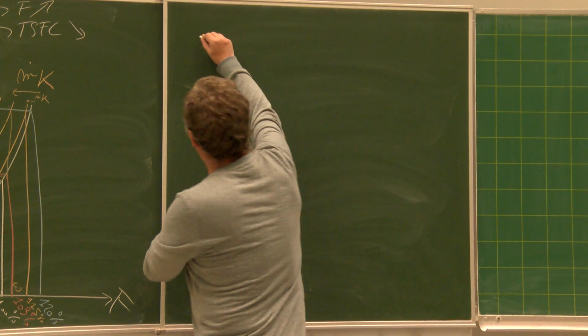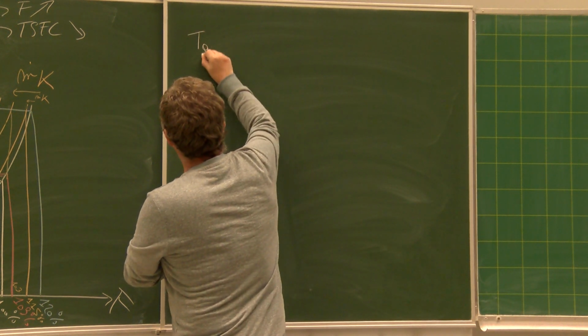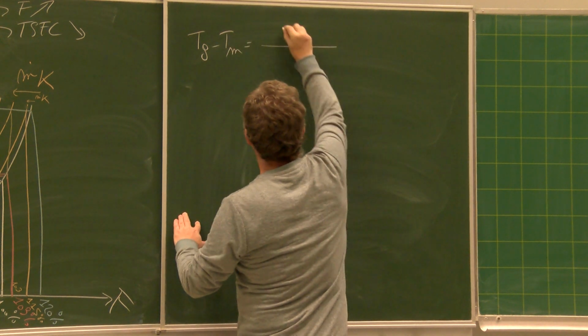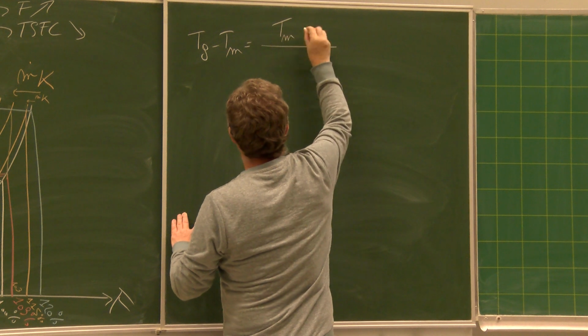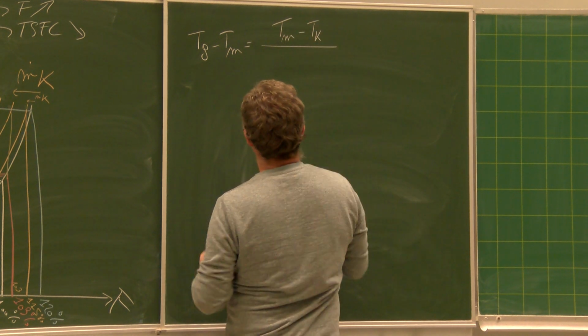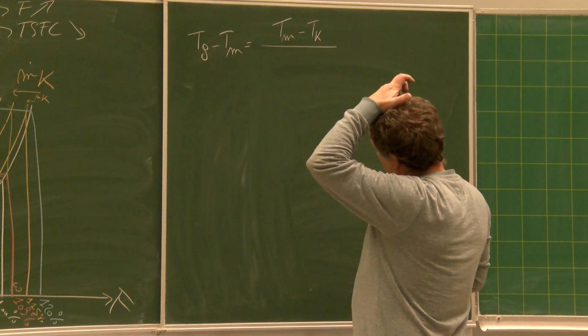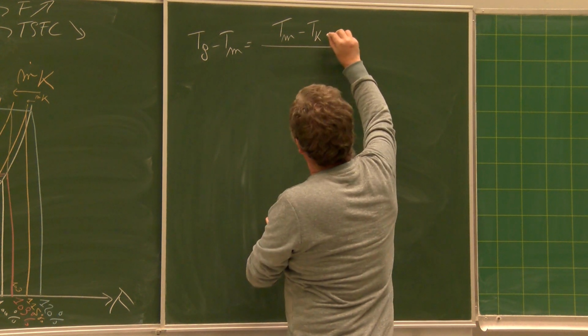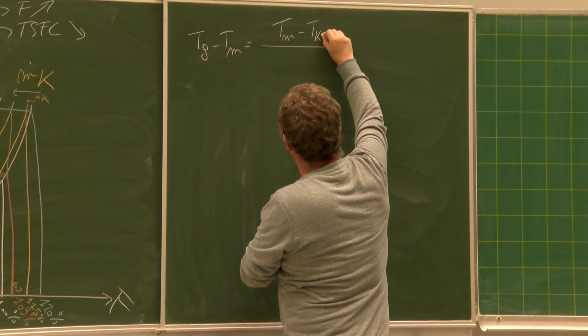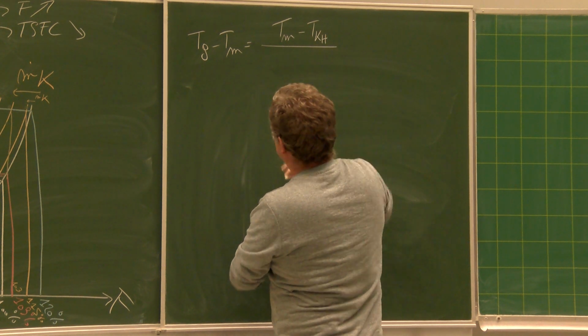This is an equation showing this: T_g minus T_m as a function of T_m, or T_g minus T_k, okay?